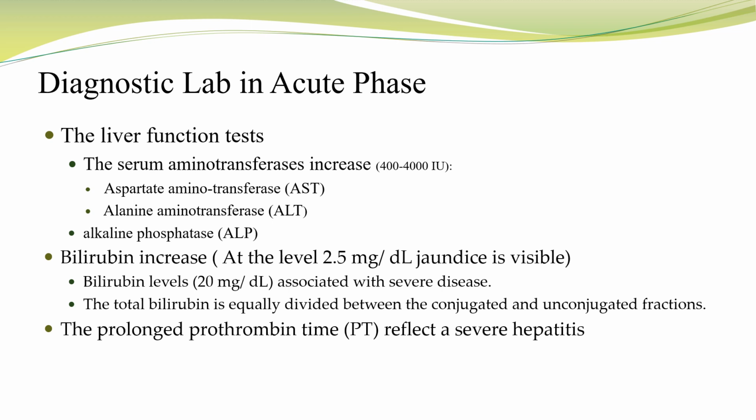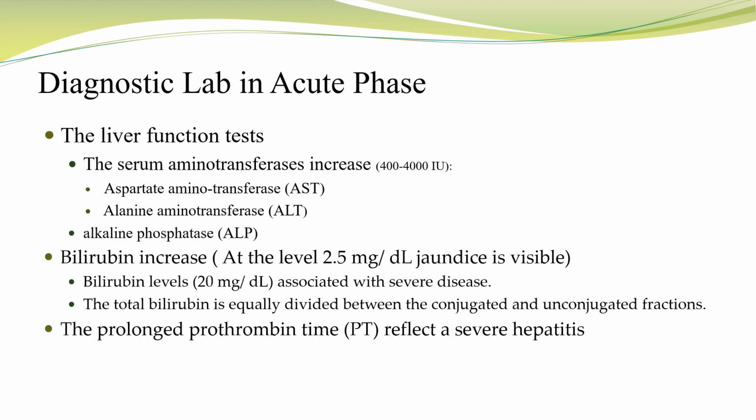The diagnostic lab in acute phase is around the liver function test, all kinds of aminotransferase increase, aspartate transaminase, alanine transaminase, and also bilirubin could be increased. When the level is 2.5, we can see visible jaundice.